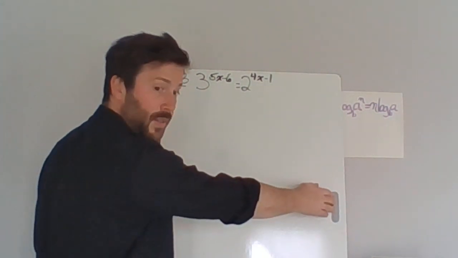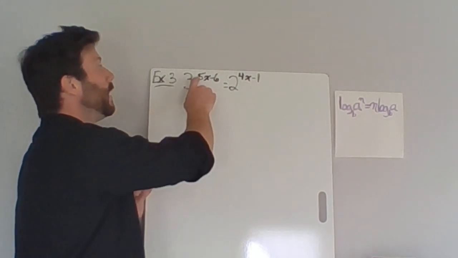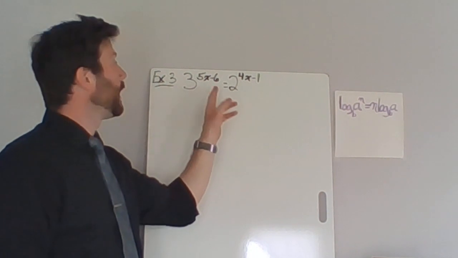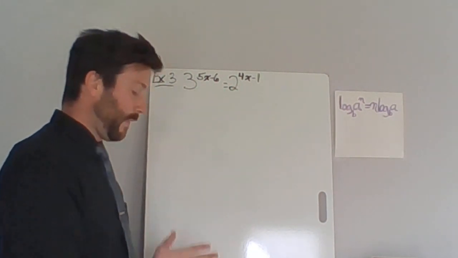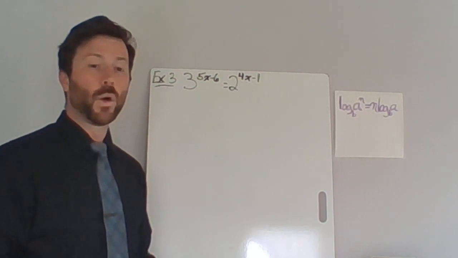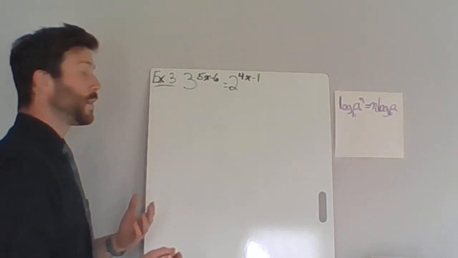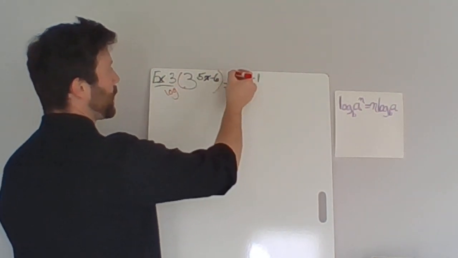Now, we're going to use a lot of the same stuff on example 3 that we did on the first one. So I have 3 to the power of 5x minus 6 equals 2 to the power of 4x minus 1. Now, this has exponents on both sides. It's not a problem. We're going to do the exact same thing. We're going to start by taking the log on both sides.